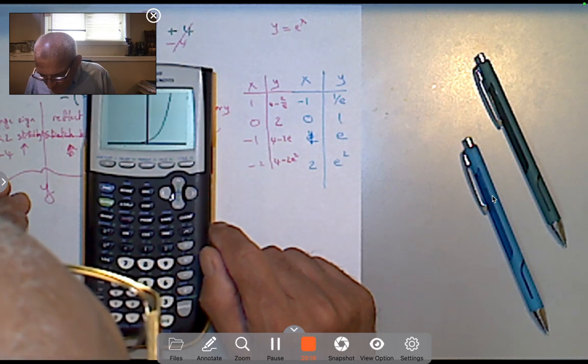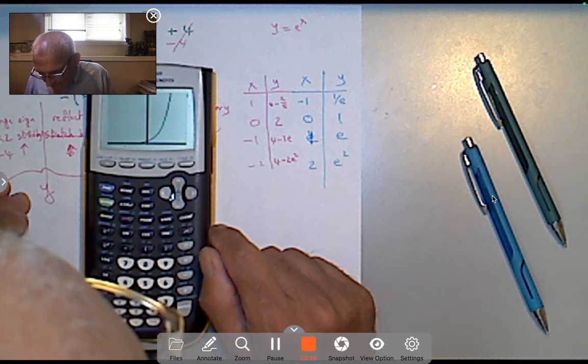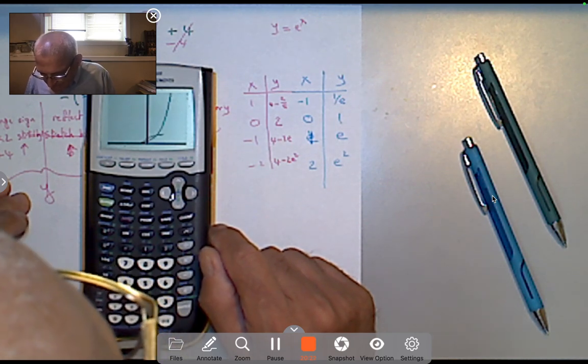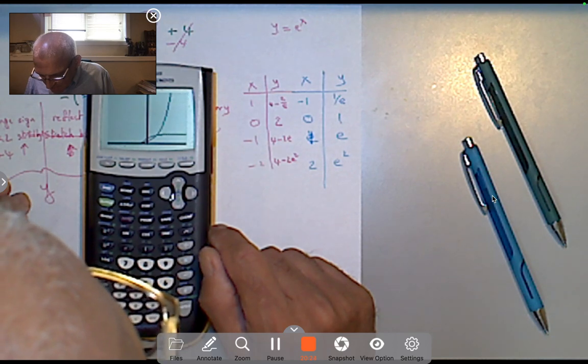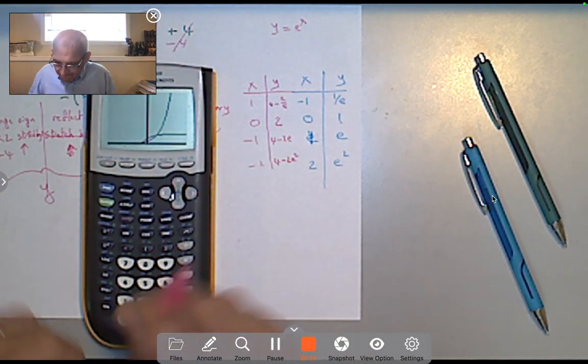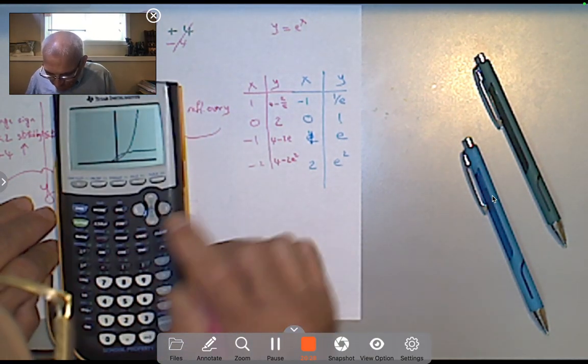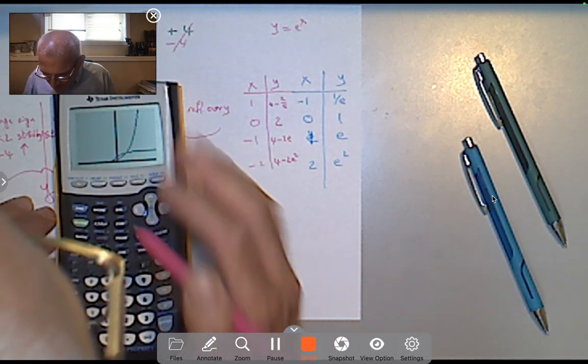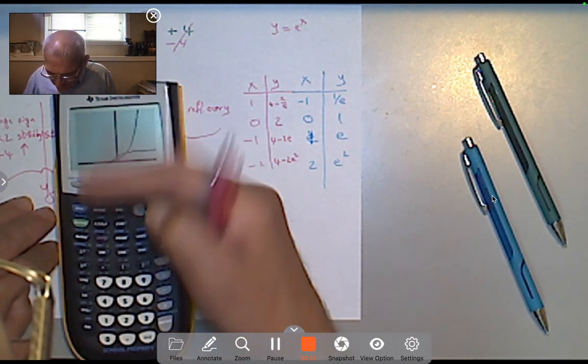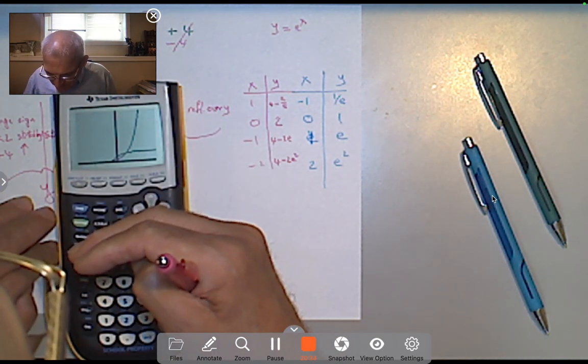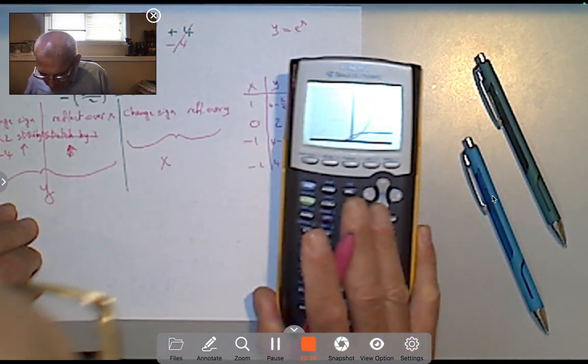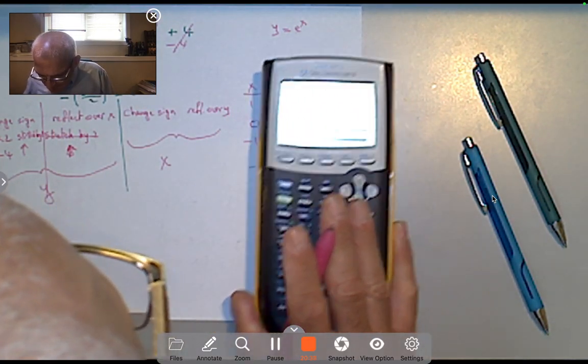So here is e to the x. Oh, the other function. We rotated about the x, we rotated about the y. Wait a second. Does that work?